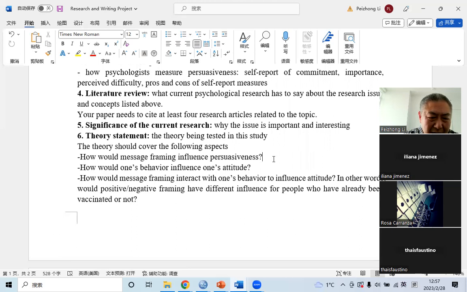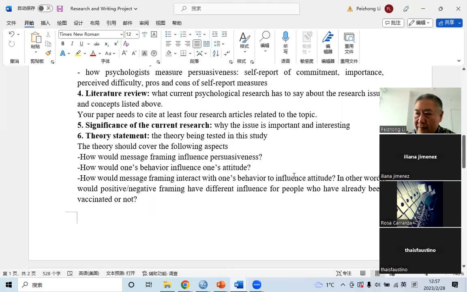Maybe you believe that positive framing is better. I believe, based on my understanding of the literature, that positive framing is better, and negative framing, the scare tactics, turn people off. That's one aspect. Another aspect of theory: how would one's behavior influence one's attitude?